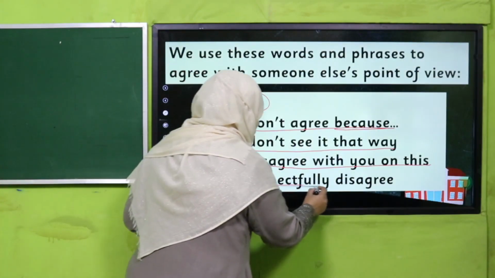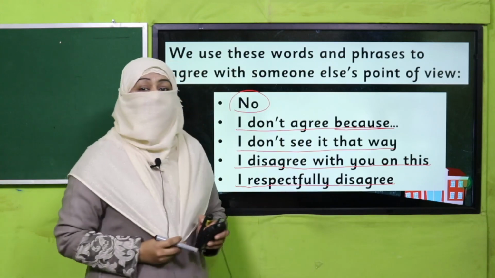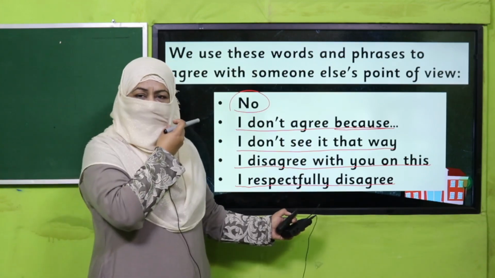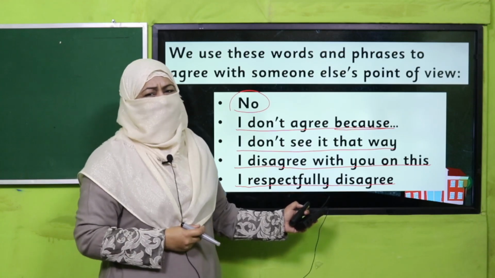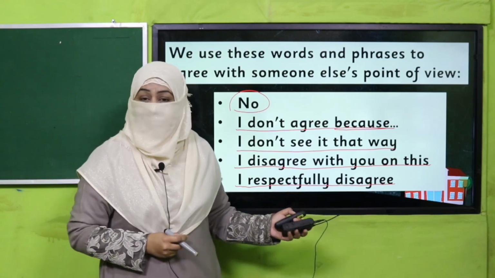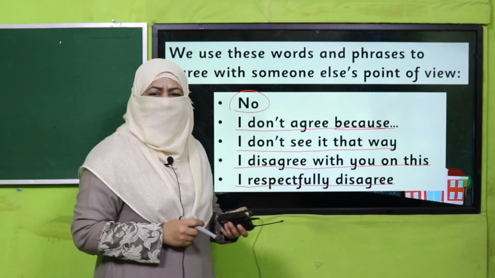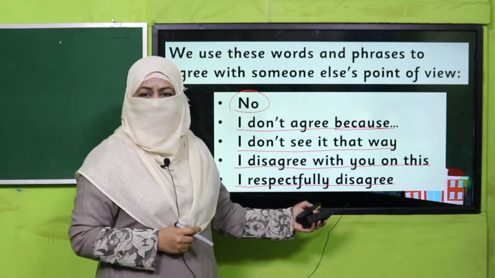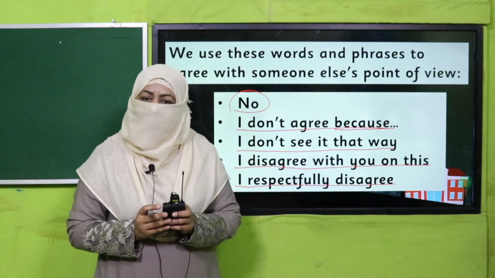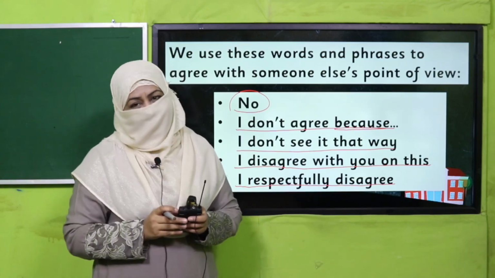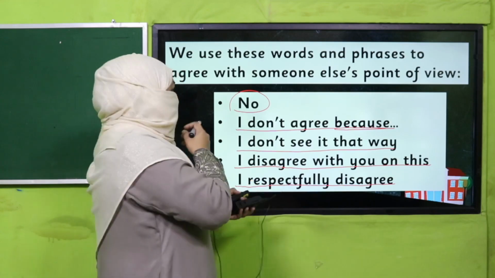I respectfully disagree. Yes, that's the right way. When you disagree with your elders, say, I respectfully disagree. I don't feel like this, Mama. Or even to me, you can say, Teacher, I'm not feeling hot. I respectfully disagree with you. So, beta, whatever we are saying, whatever we are expressing, we should watch our manners all the time, right?